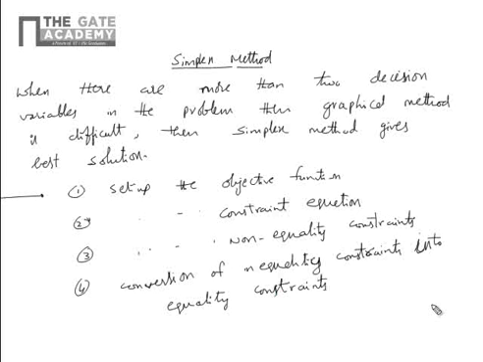If we have less than or equal to, make it equal to by adding or subtracting some value. What that value is, we will discuss. Before that, we need to keep the problem in standard form before proceeding to the simplex method.